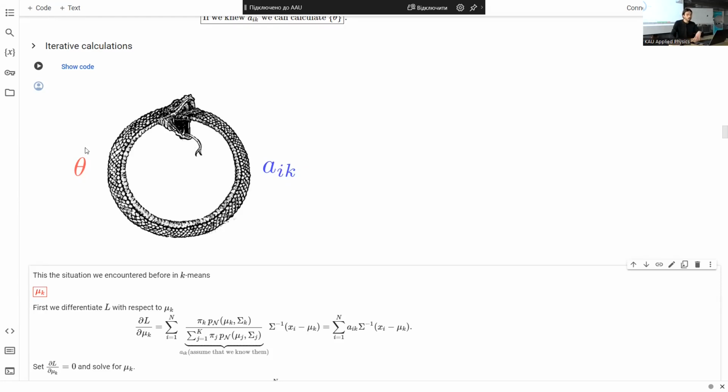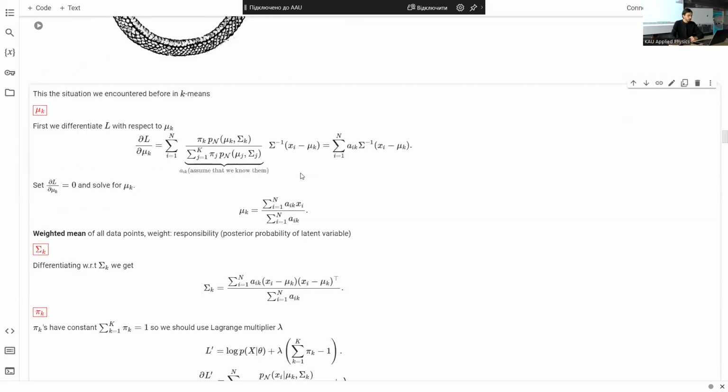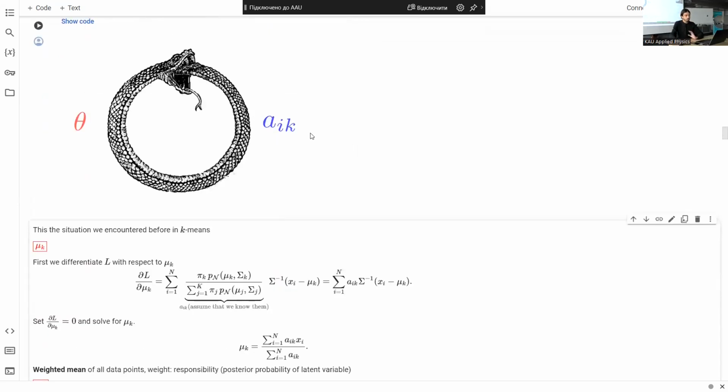Then I will say, okay, I have parameter theta, let me estimate aik. Estimating aik will be quite easy because we have already written the formula for aik. You saw that. Now we should solve the problem of estimating parameters theta.